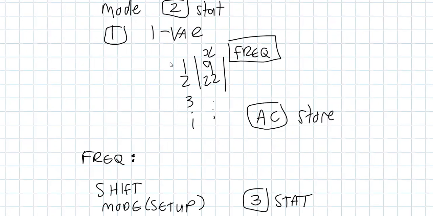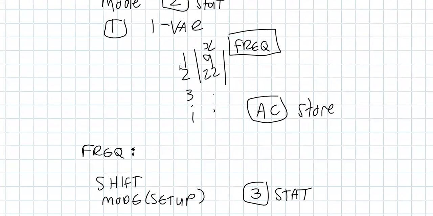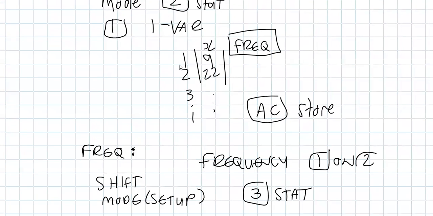Press number 3 on your calculator, and it'll say frequency on or off. So you have 2 options. It'll ask number 1 for on and number 2 for off. You press number 1, and then your frequency should be on.